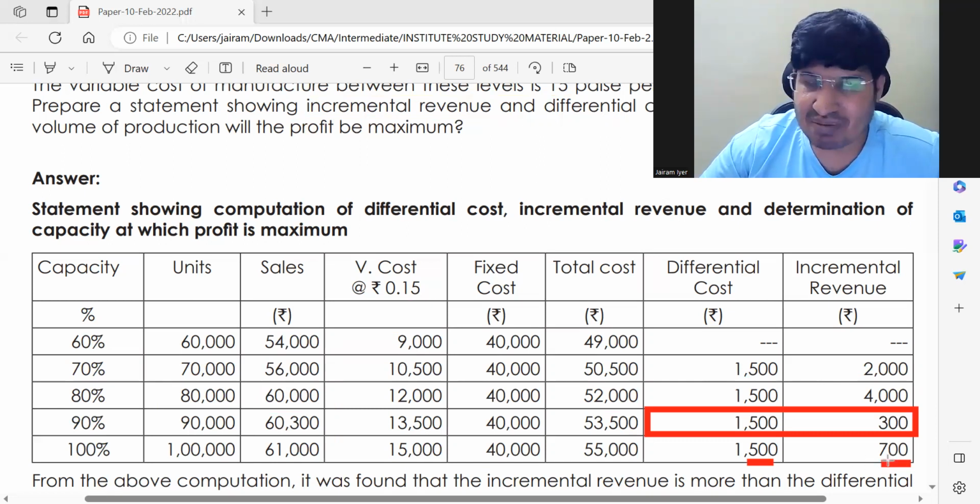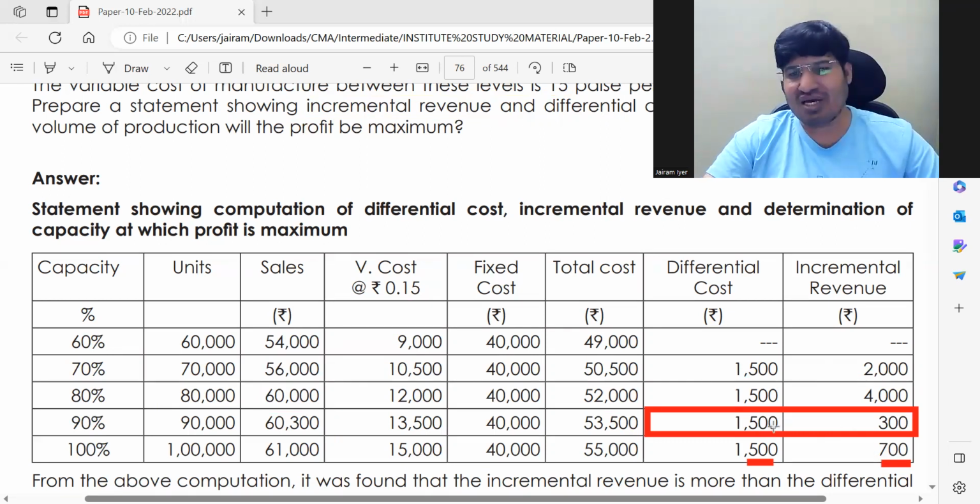For that I am giving you this explanation. If in place of 700 it is 4,000, then how much is the difference? Revenue is more by 2,500, in our favor. And here the difference is 1,200. 2,500 is still more than 1,200, so you'll go by the decision.